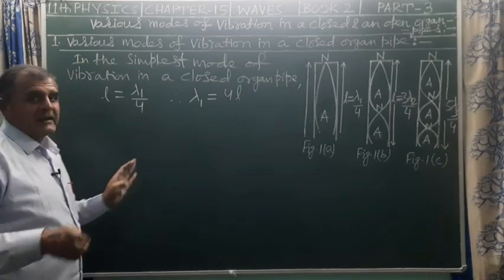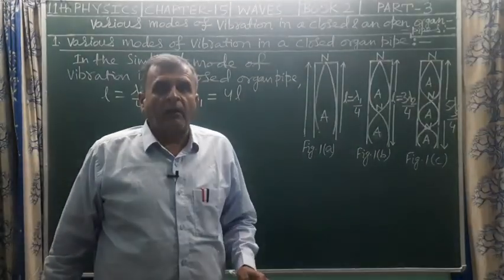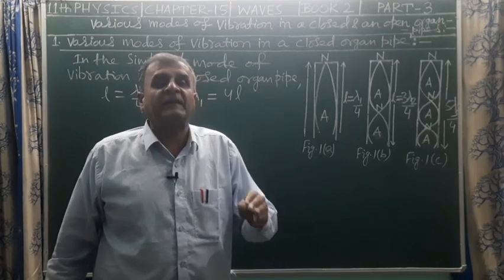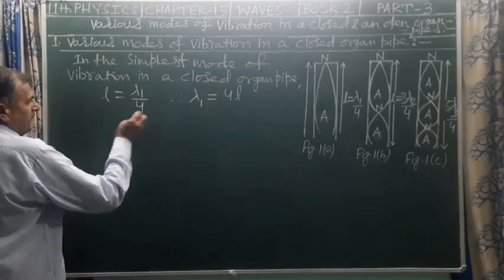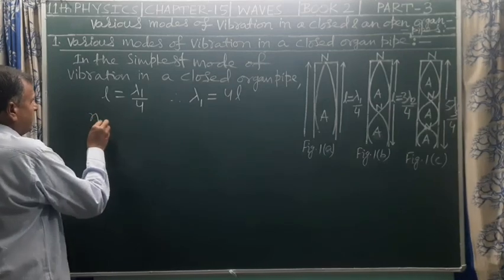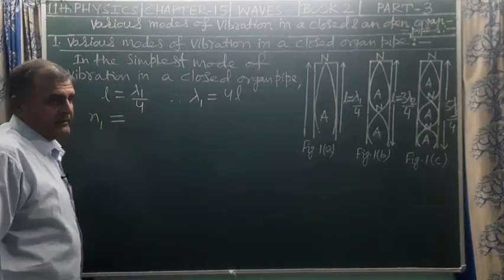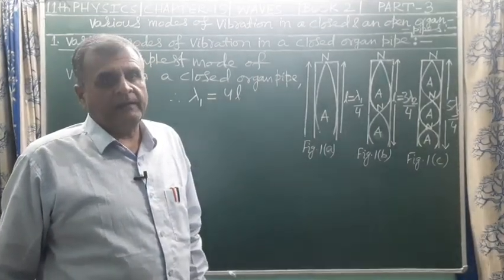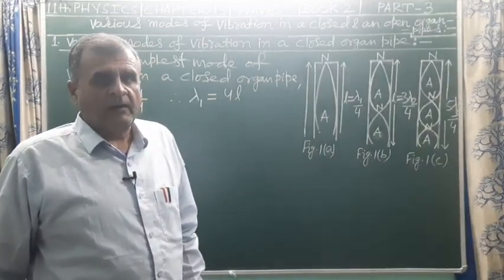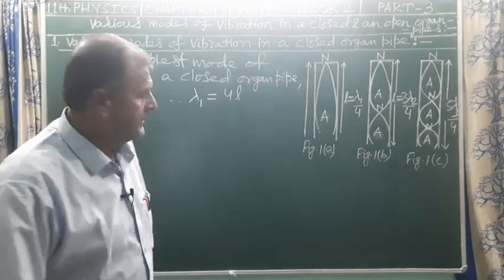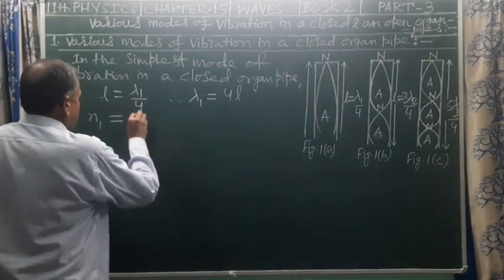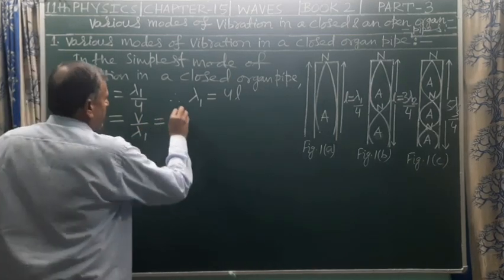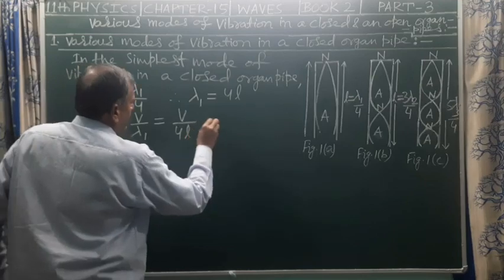Therefore, the fundamental frequency, also called the first harmonic. The fundamental frequency of the simplest mode is N1, and we know the relation between frequency, speed of sound and wavelength: N1 is equal to V upon lambda 1, equals V upon 4L.